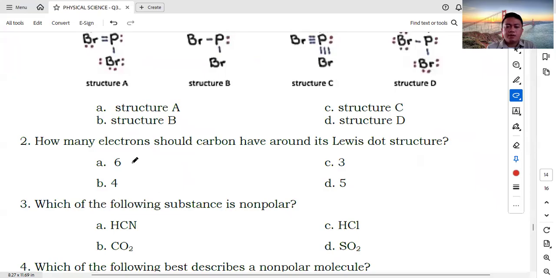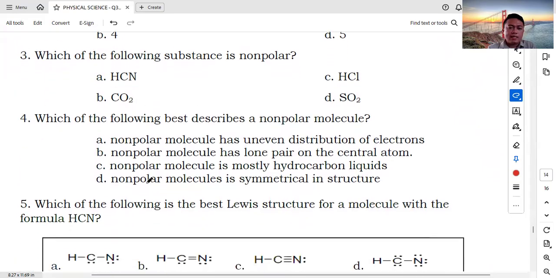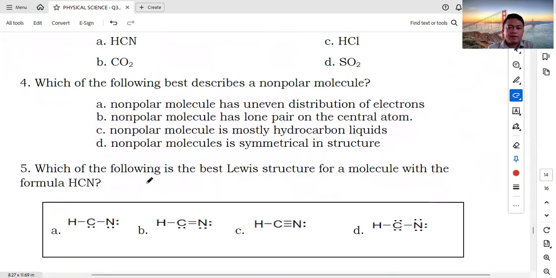A, 6; B, 4; C, 3; or D, 5. Number 3, which of the following substances is non-polar? A, HCN; B, CO2; C, CHCl; D, SO2. Kindly read number 4 and number 5, and please answer this in your activity notebook from items 1 to 5.